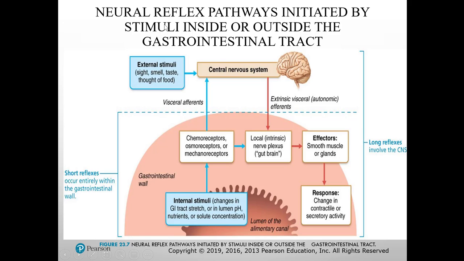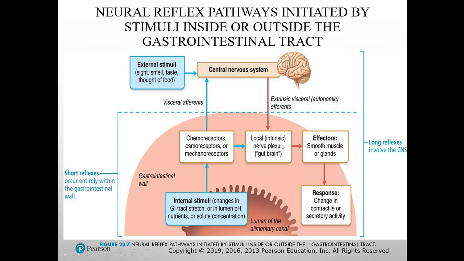So how is the pathway formed? Well, it comes from when you're seeing food, maybe smelling food, or even just thinking of food. It's received by your brain, and there should be two pathways in it, but the pathway that delivers it to the gut will be from your brain.